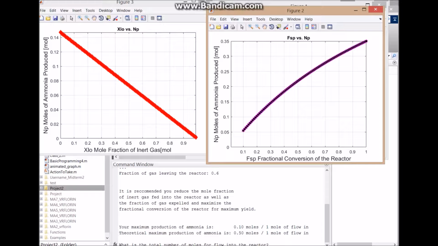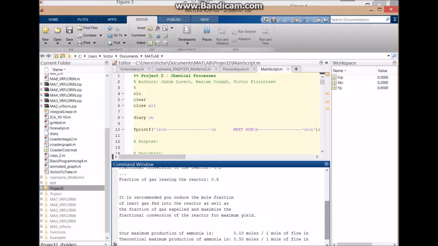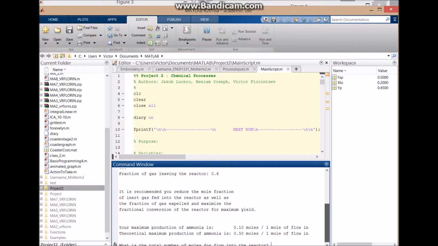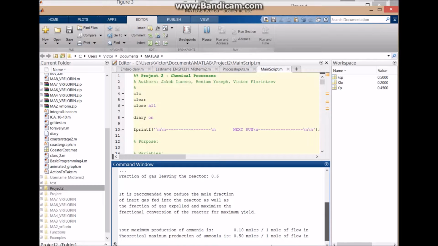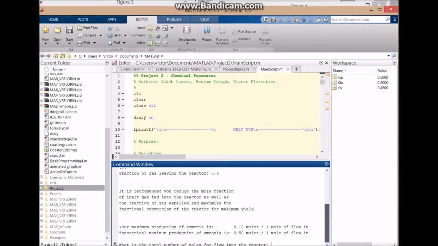Now it also tells you a recommendation based on the graphical observation, what you should do in order to optimize, like what you should be going toward. Should you be having more inert gas or less inert gas, as well as would you like to have a reactor with higher FSP or lower FSP?